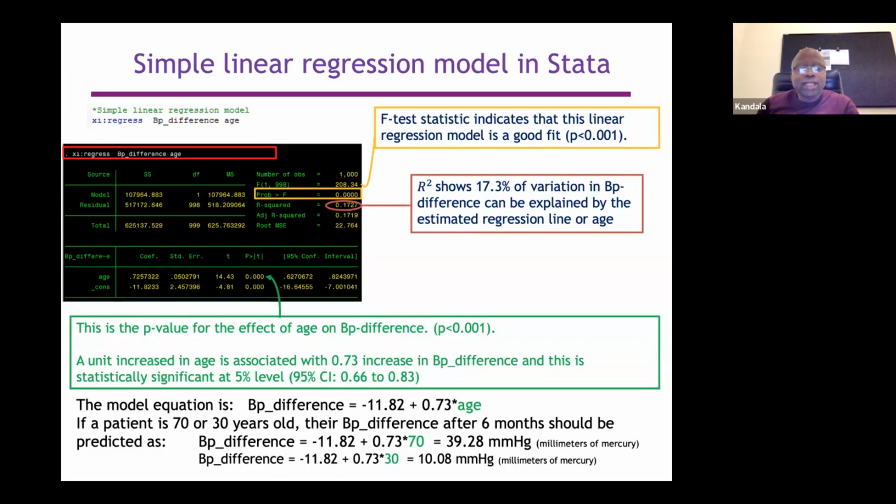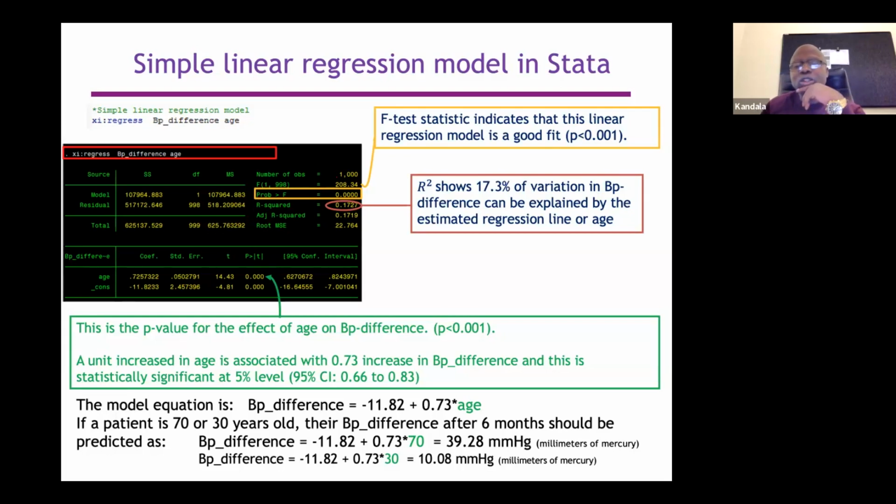You are right that the R squared in our case indicates that only 17% of the variation we are seeing in the BP can be explained by age. There is almost 80% that we cannot see from the age.